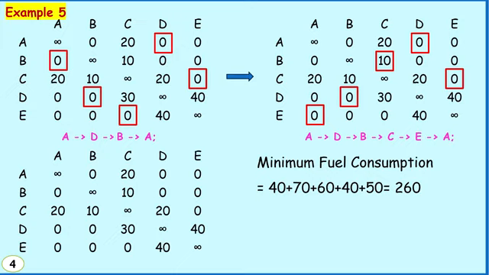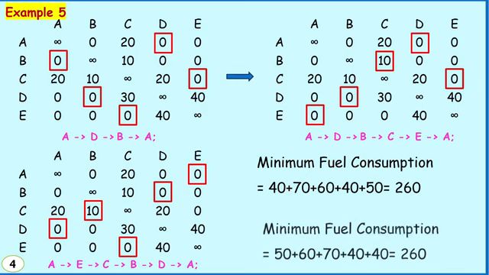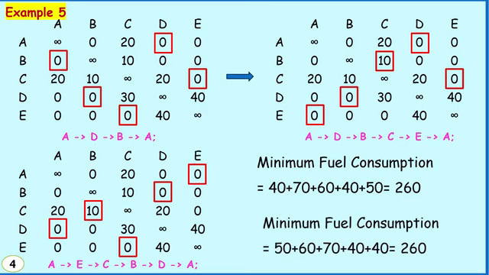There also there is a minimum value which is 10. So even if you take CB which is 10, we will get a new allocation. In the new allocation, the salesperson is traveling from A to E, E to C, C to B, B to D, D to A, and finally the minimum fuel consumption will be the same. So from this we can say both answers are correct.